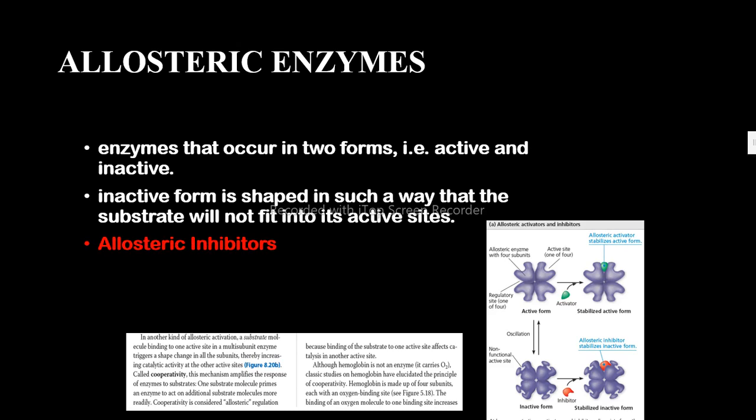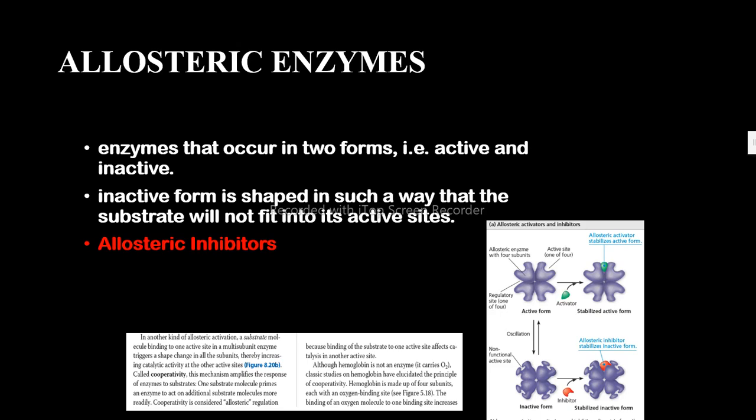The same goes for allosteric inhibitors, they do the same. They also bind to the allosteric site, which either leads to forming the shape of the active site that can now carry out the catalysis, or you form a shape that cannot carry out any catalysis.